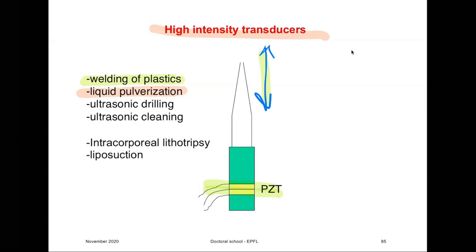It can be used for ultrasonic drilling. So I told you already that the Mars rover had piezoelectric actuators used for drilling. It is using such high intensity transducers, and it is also used for ultrasonic cleaning.